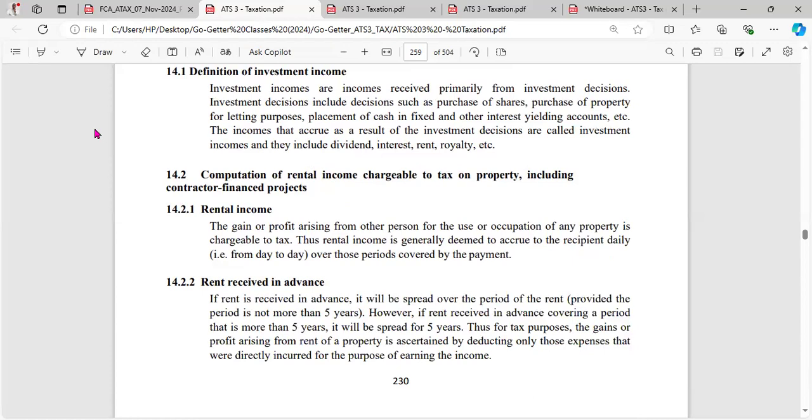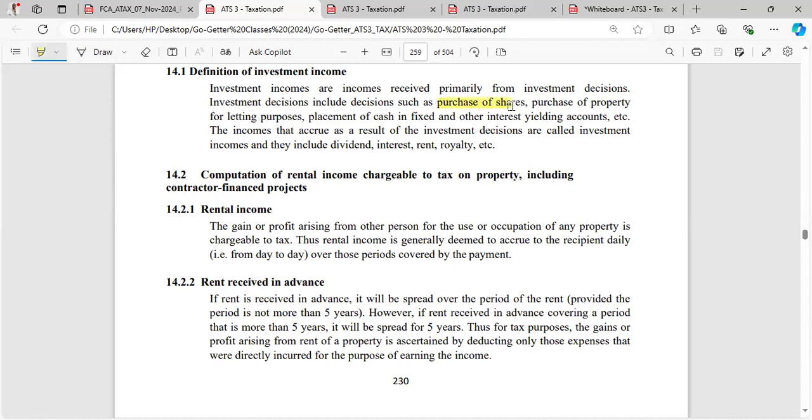Business income is income you receive from either trading or doing some other business. But in investment income, you don't trade, you don't get paid as an employee, but you get income from investment decisions.